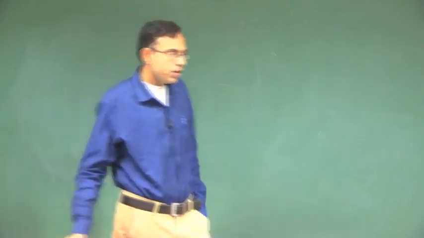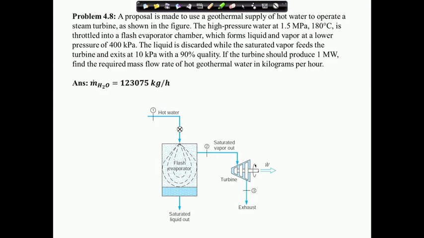That is the next problem, 4.8. A proposal is made to use a geothermal supply of hot water to operate a steam turbine. A steam turbine requires high enthalpy fluid, right. So, the geothermal hot water is used to operate a steam turbine.